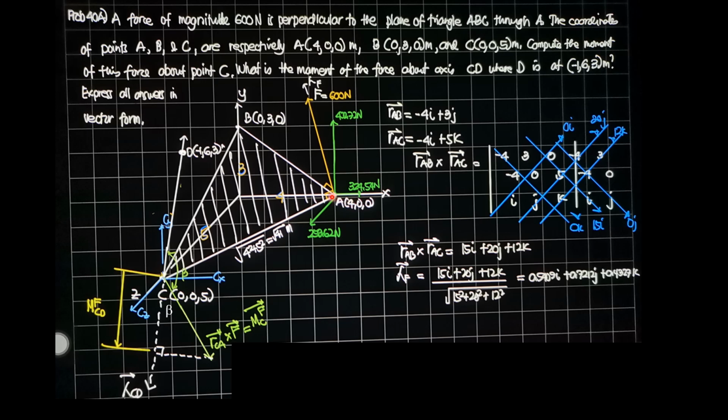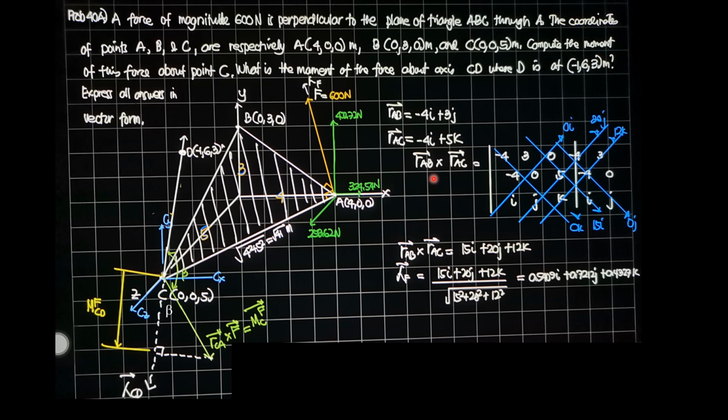So RAB is B minus A, so 0 minus 4, negative 4i, 3 minus 0, 3j, and 0 minus 0, so 0k. RAC, on the other hand, is C minus A, so 0 minus 4, negative 4i, 0 minus 0, so 0j, then 5 minus 0, 5k.